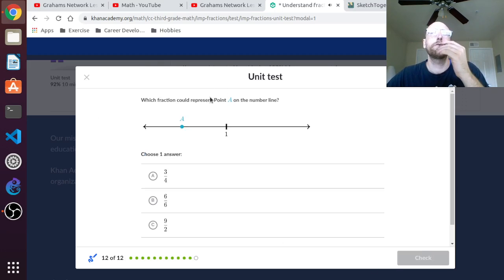Okay. What fraction could represent A? So there's going to be multiple answers. So this one here, it looks like it's about, okay, this is interesting. So we know that these 2 answers can't be correct because 6 over 6 would be a whole quantity of 1 here. 9 over 2 would be on this side of the number line.